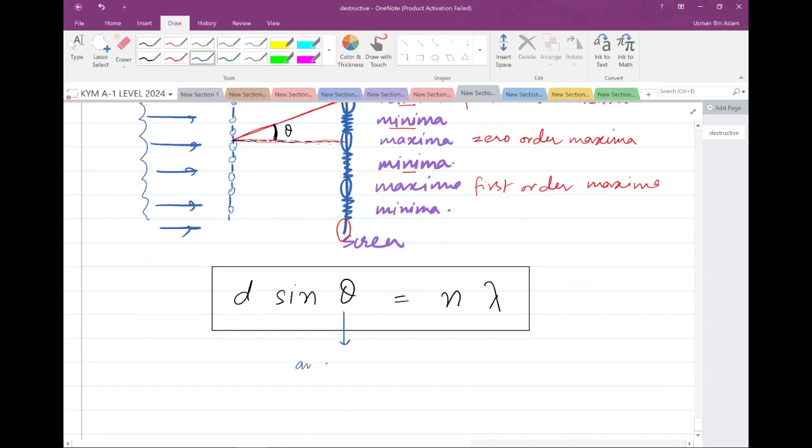It is the angle formed between the line drawn at the center of grating and the center of maximas.